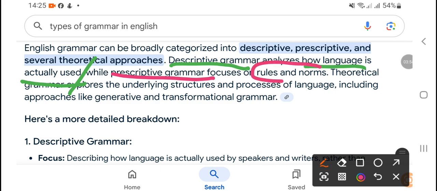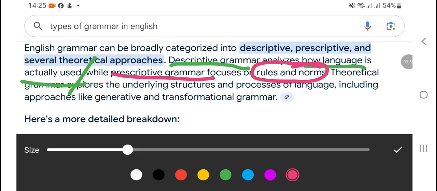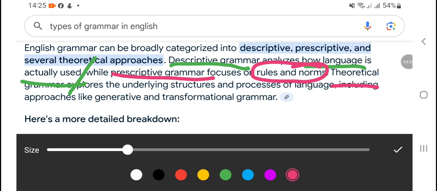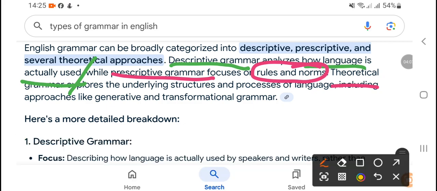focuses on rules and norms, and the theoretical approach explores underlying structures and processes of language.